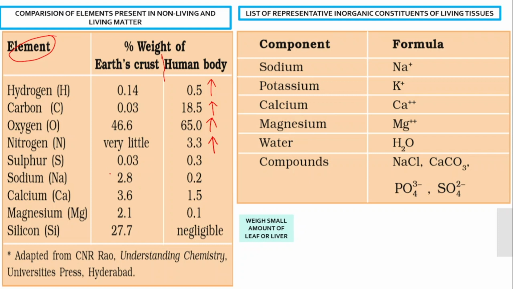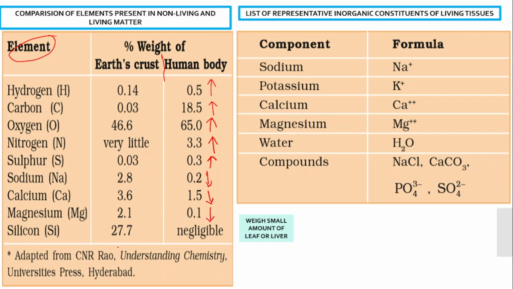Then we have sulfur, which is also higher in the human body. Then sodium: observe here, 2.8 in the earth's crust, whereas in the human body it is lower. The same for calcium, it is less in the human body. Magnesium too is less.